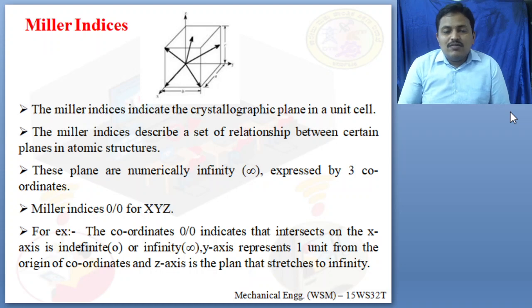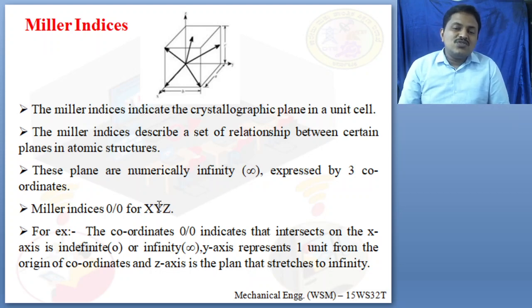That's a reference; every time you start with a reference, that is 0, 0. For example, the coordinate 0, 1, 0 indicates that the x-axis is 0, the y-axis is 1 unit from the origin, and the z-axis is 0. What does it mean? x is 0, z is 0. What is y? 1 unit.